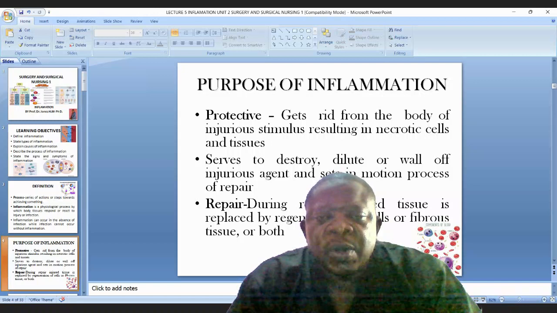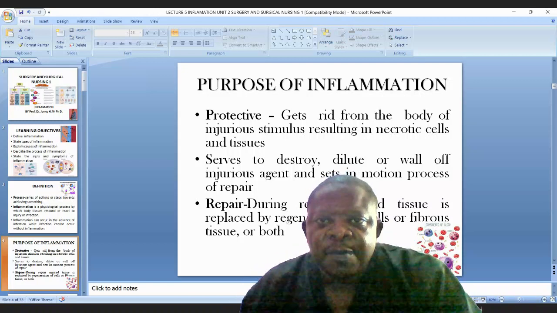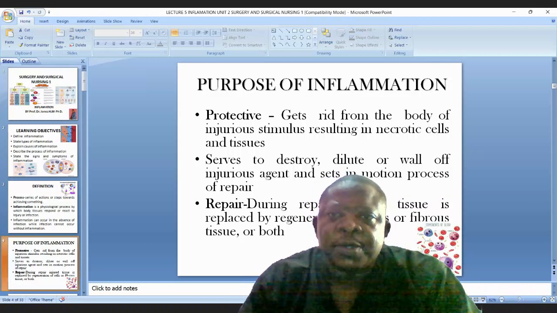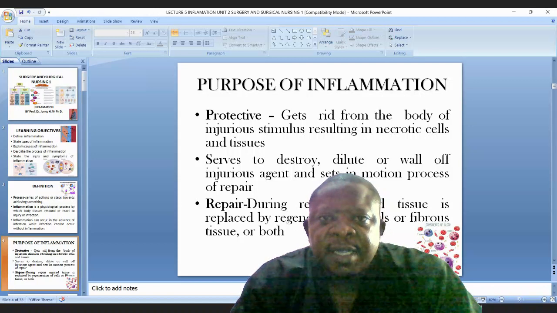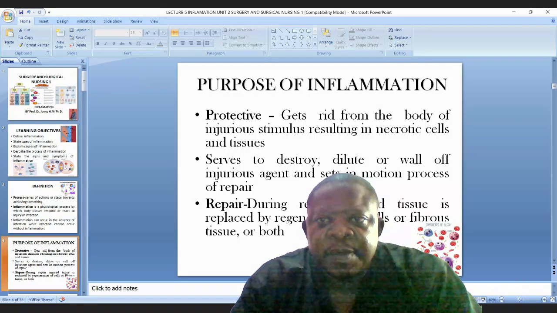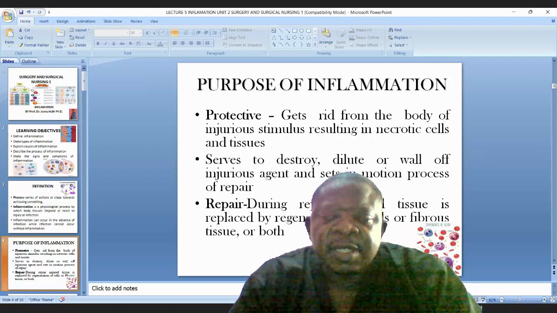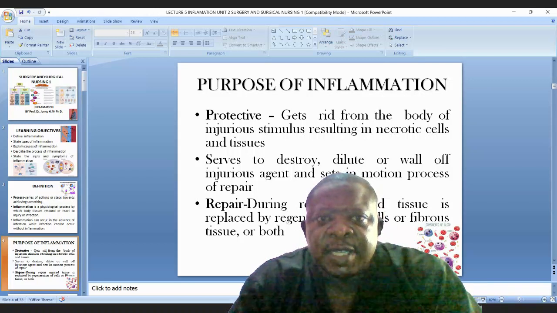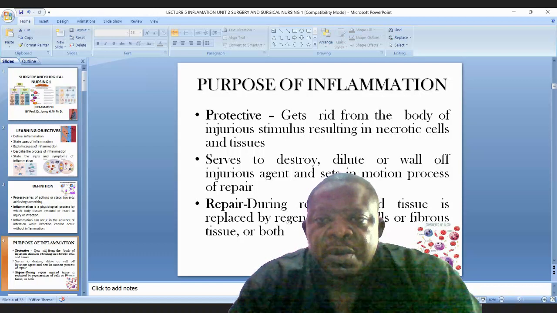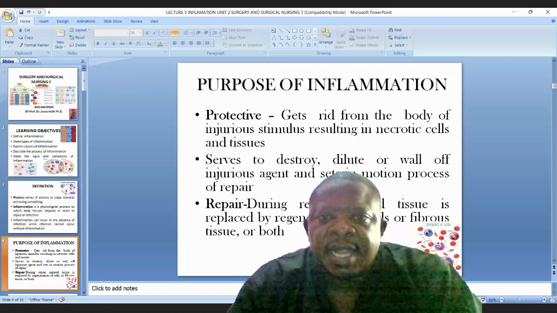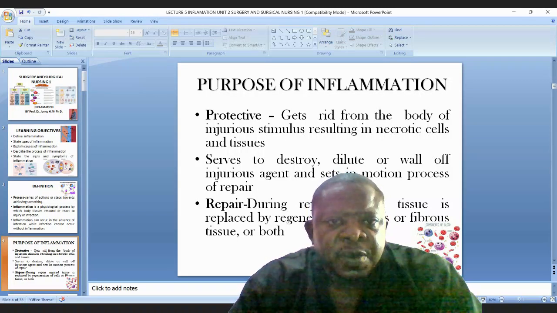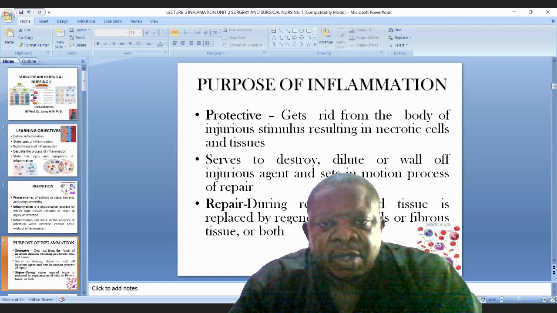So, within the process of inflammation, it will help to get rid from the body injurious stimulus that may result from necrotic cells and the tissues. And within the process of inflammation, it will also serve to destroy, dilute, or ward off injurious agents and set in motion the process of repair.